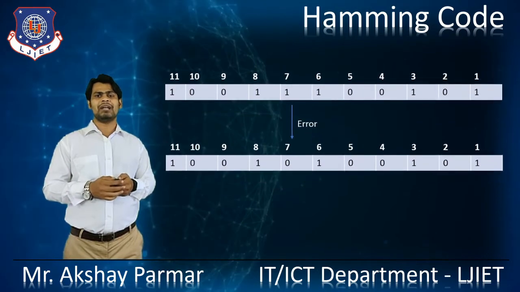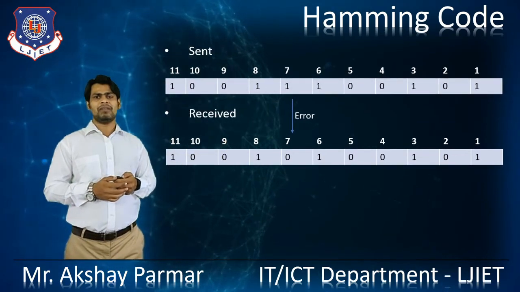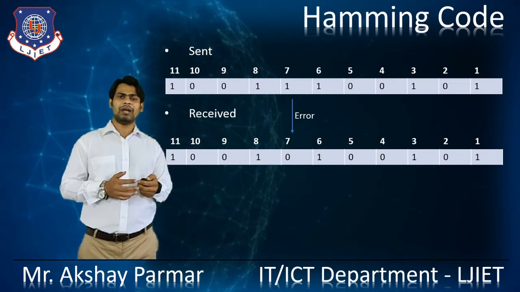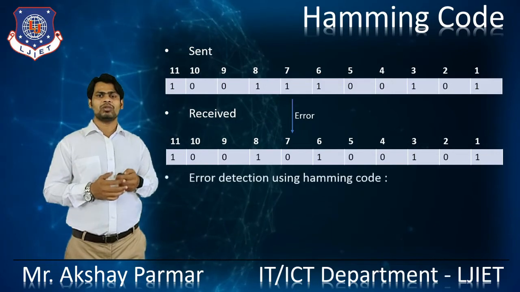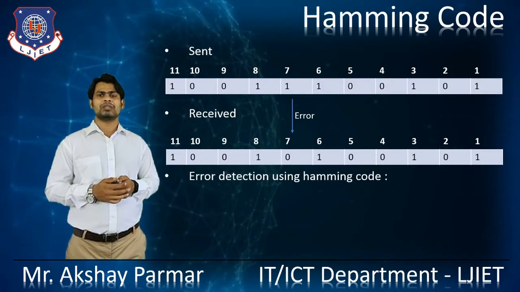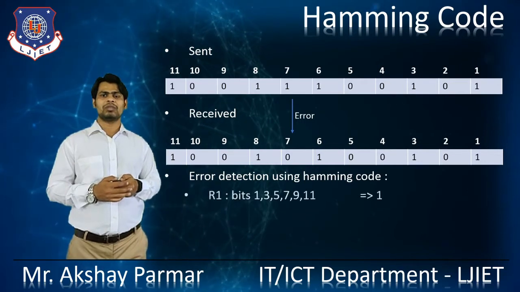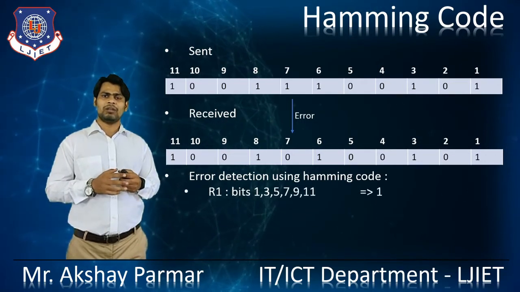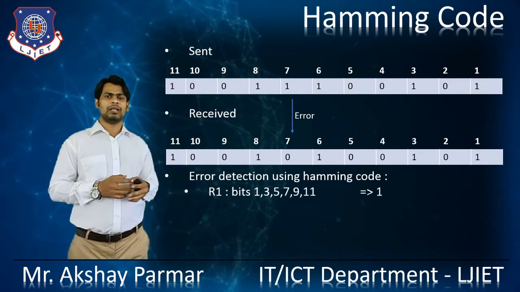Let's see by an example. This is the bit which is erroneous. We get the 0 bit instead of the 1 at the 7th position. So how can you detect that? We will learn error detection using the Hamming code. At the bit position R1, what is it? It is 1 there, right?